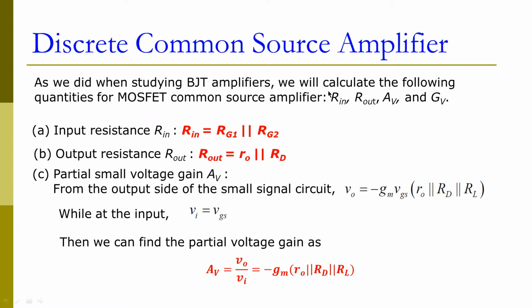The values we are going to calculate for the MOSFET based common source amplifier include the input resistance Rin, the output resistance Rout, the partial small signal voltage gain Av, and the overall small signal voltage gain Gv.